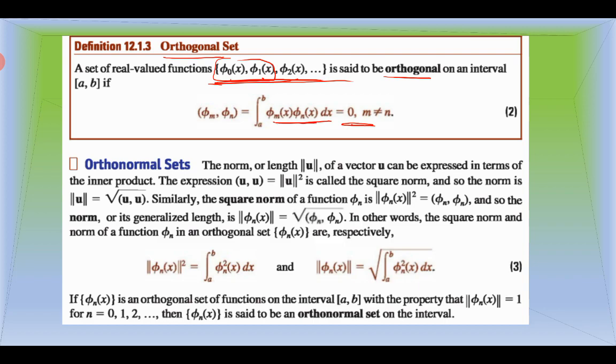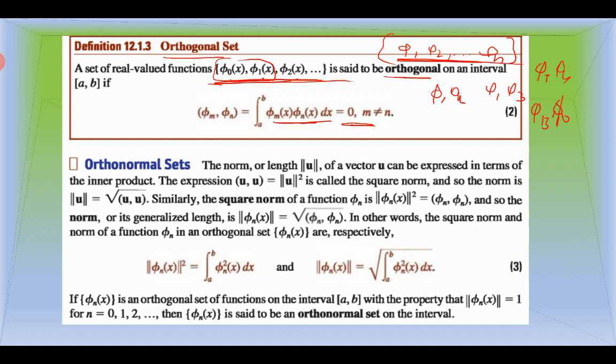Assume that you have a set of n elements, phi 1, phi 2 up to phi n. Now you pick any two. You can pick phi 1, phi 2, or phi 1, phi 3, phi 1, phi 4, phi 3, phi 10. Any two vector functions you can pick.